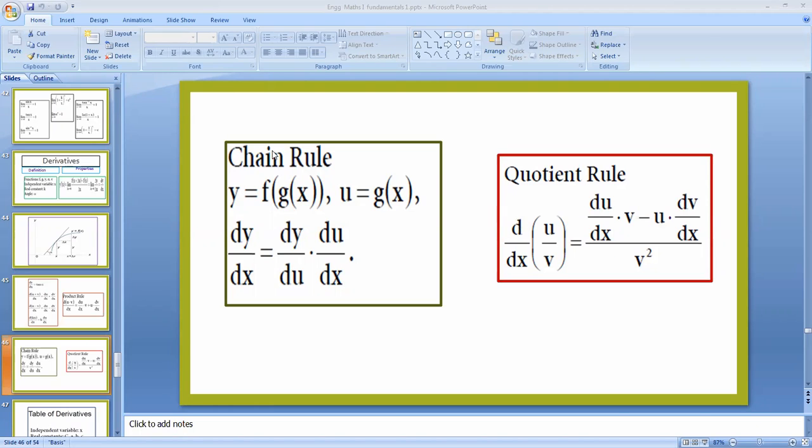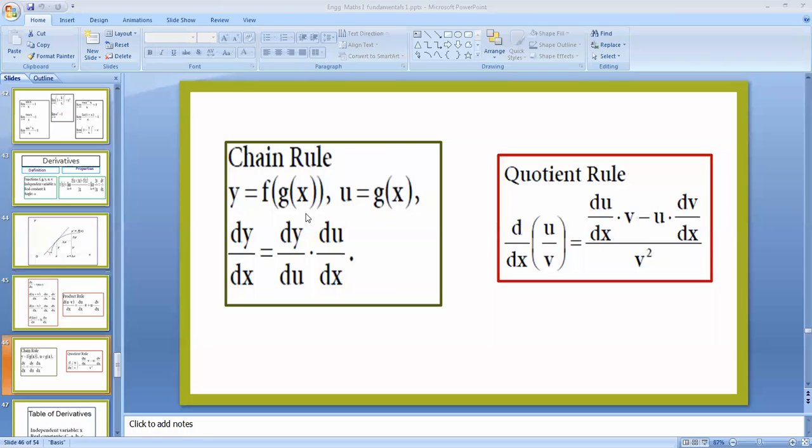Now the next is the chain law, the chain rule in differential. So y is a function of g of x, where u is g of x. So dy by dx is nothing but dy by du into du by dx. It means first you have to differentiate y with respect to u and then u with respect to x, and this is called the chain rule in the differential. That is called a function of function.